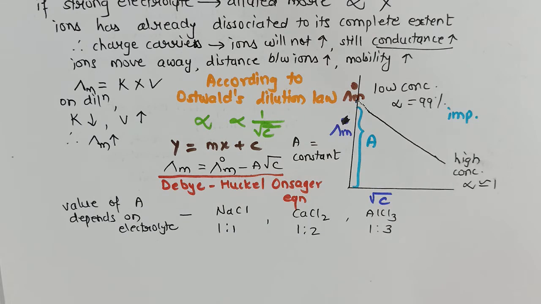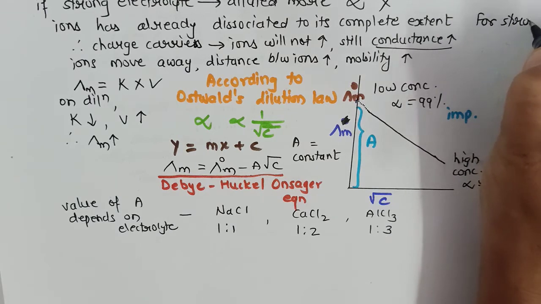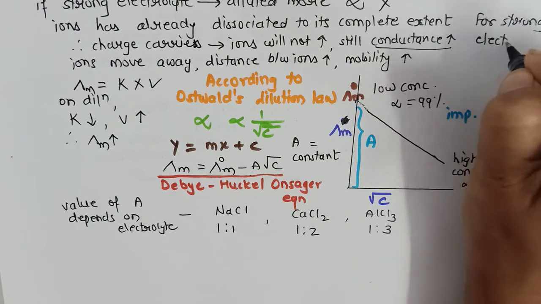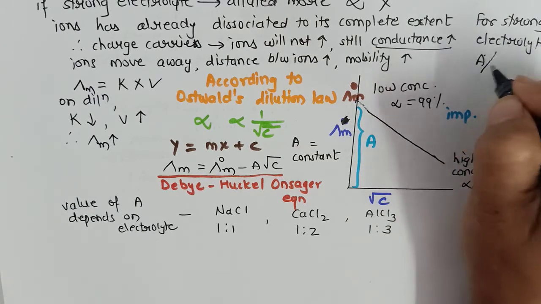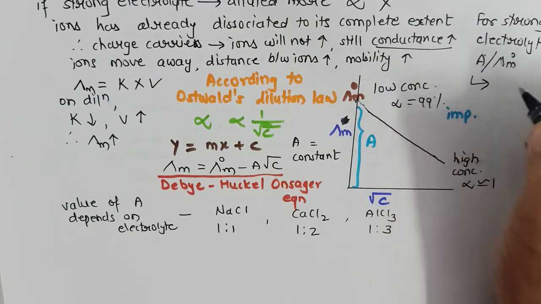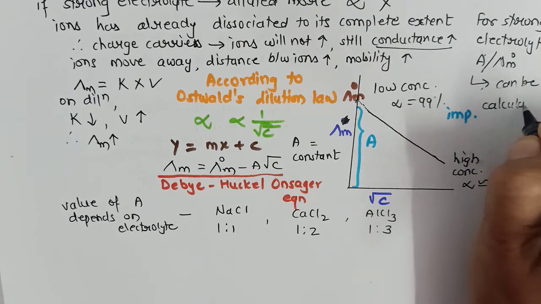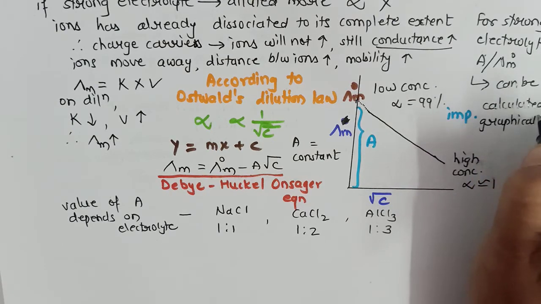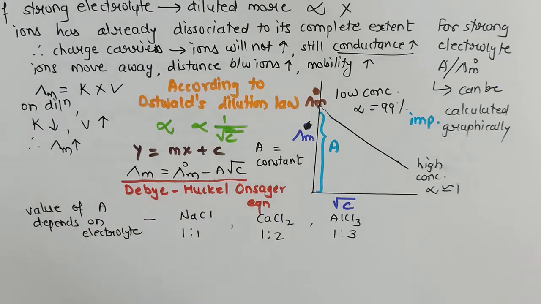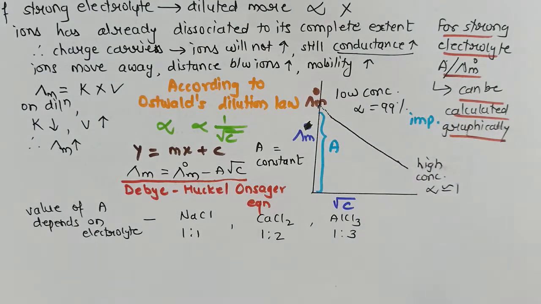Please remember this point for strong electrolyte: the value of A or the value of limiting molar conductivity can be calculated graphically, since the graph is a straight line. But this is not the case with weak electrolyte.